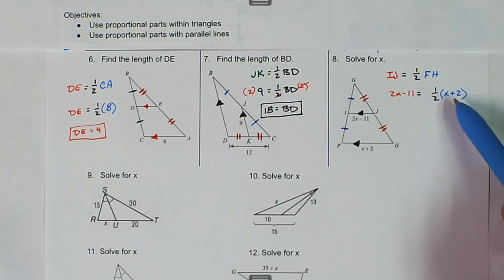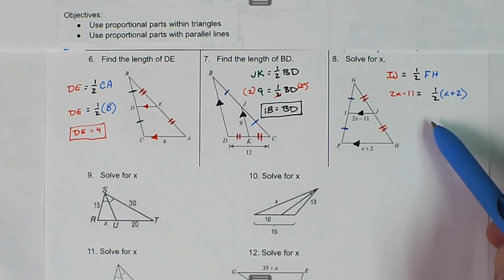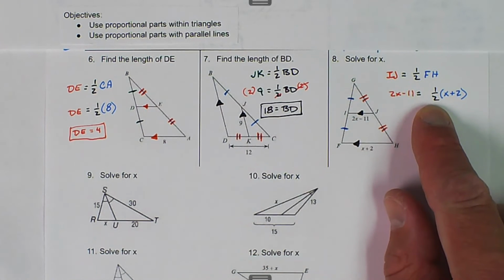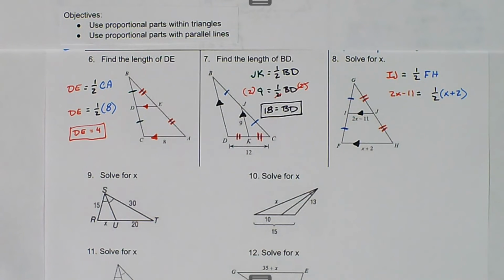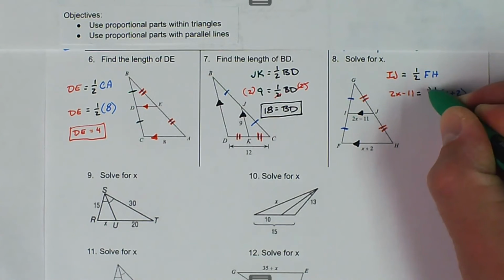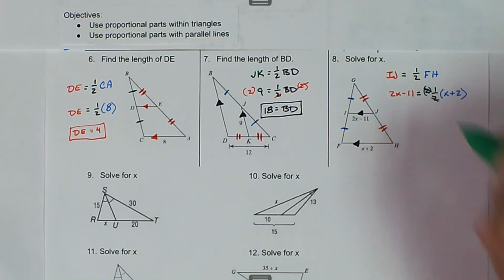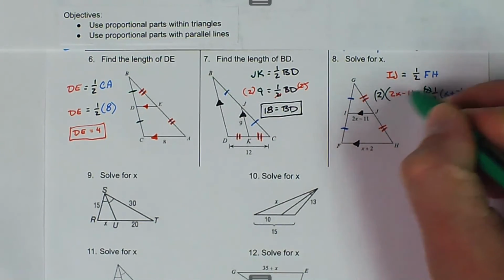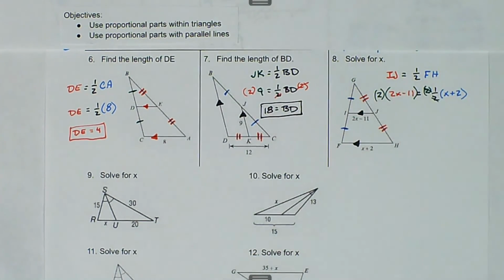Now, we could distribute the 1/2 in and get 1/2 x and 1, and then continue to solve from there. But I don't really like working with fractions, so I want to just get rid of this 2 altogether. And one way that we can do that is we can multiply both sides by 2. So we multiply by 2 here, and the 2's cancel. And we multiply by 2 here on this side, and that means we have to distribute the 2 to both terms on the left-hand side.